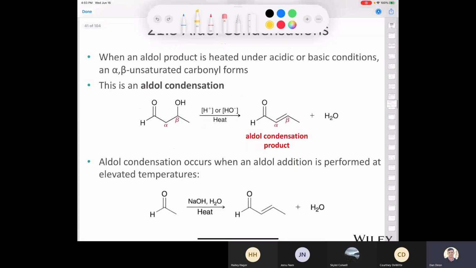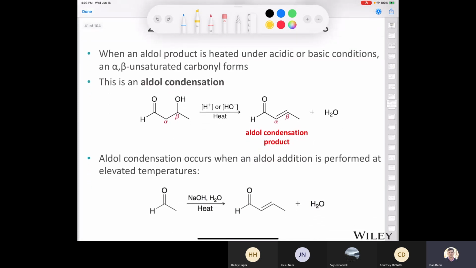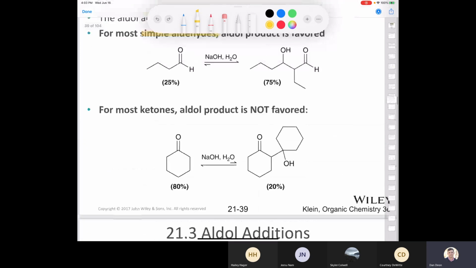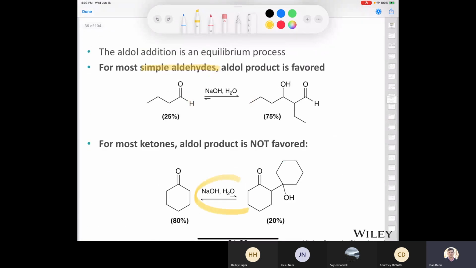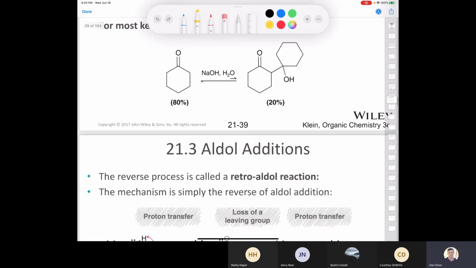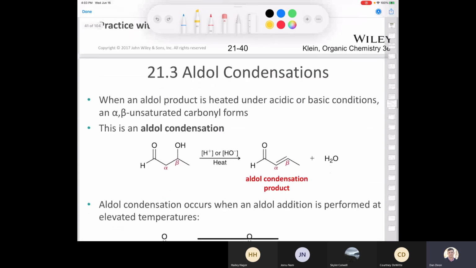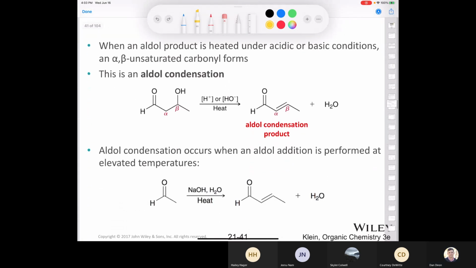Now, when an aldol product is heated, okay, because if you look at these reaction conditions, everything that we've looked at so far hasn't involved heat, but when you add heat to the situation, whether you're doing the reaction in basic or acidic conditions, you end up with an alpha beta unsaturated carbonyl compound.